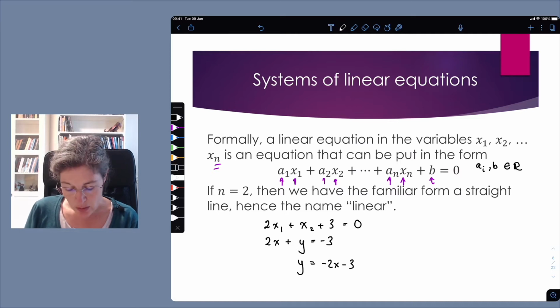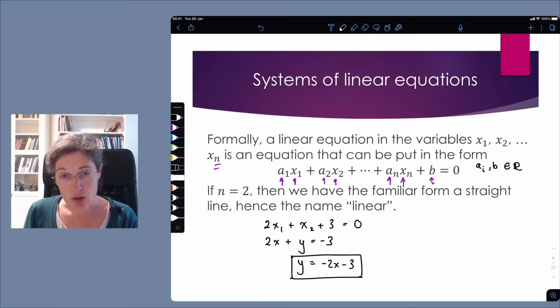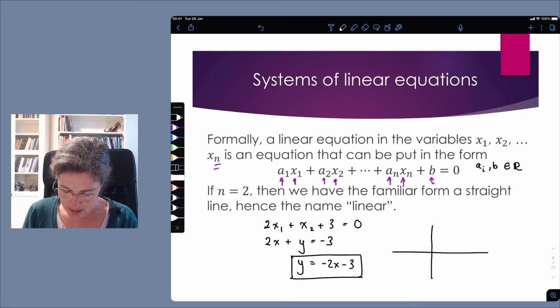Suddenly you'll see that when we have a linear equation in 2 variables, we get a straight line, i.e. a function which is linear. So here we have our function that goes through minus 3, and I'm going to get the slope a bit wrong, but there's our straight line.